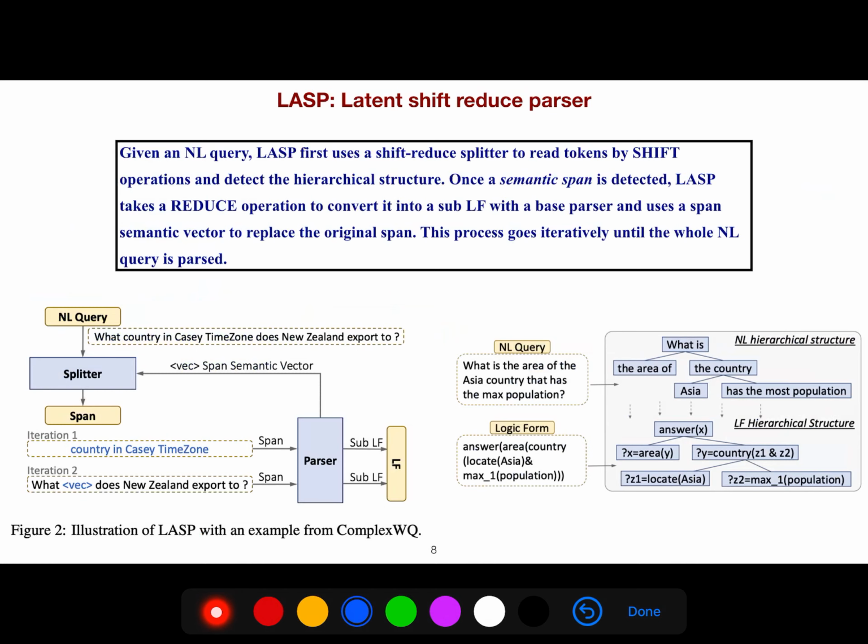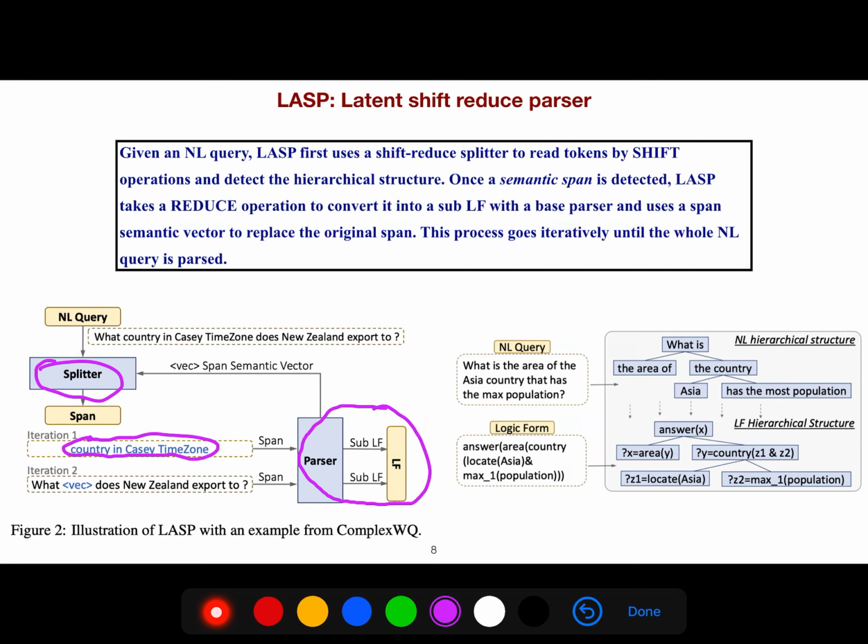So the idea of this paper is that it has two parts. First, the parser, which is the base model, is just, let's say, a simple sequence to sequence model. You can use it for the base parser, but the base parser only produces these parts for just some span that is separated by the splitter algorithm that I will explain.